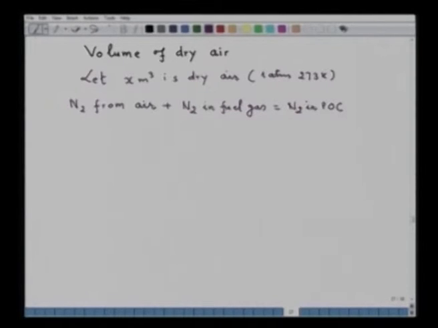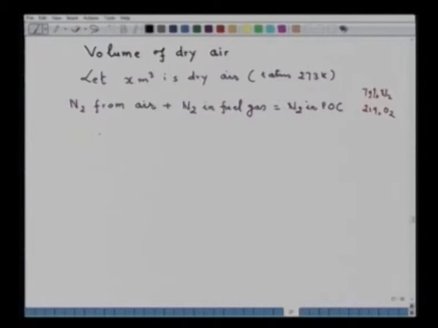From all sources you have to consider the input, and from all sources you have to consider the output. So, if you make this particular balance now, nitrogen from air, the composition of air, 79% nitrogen and 21% is the oxygen.